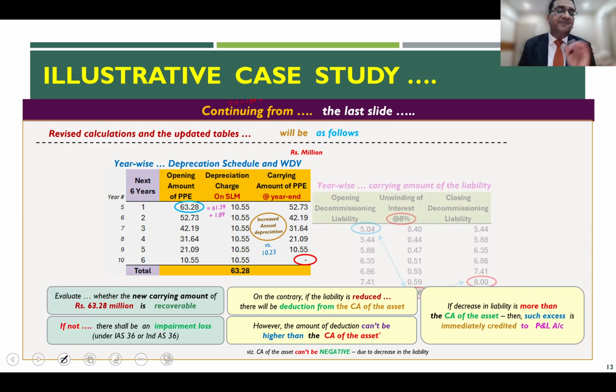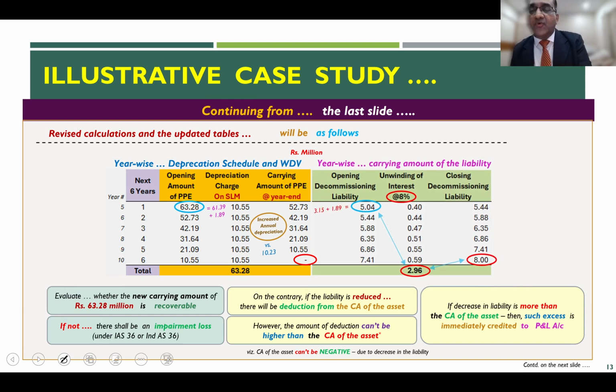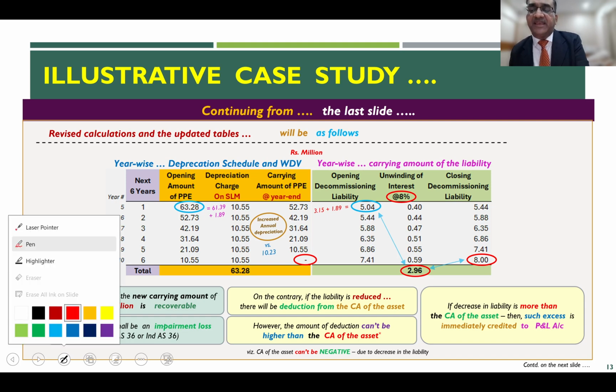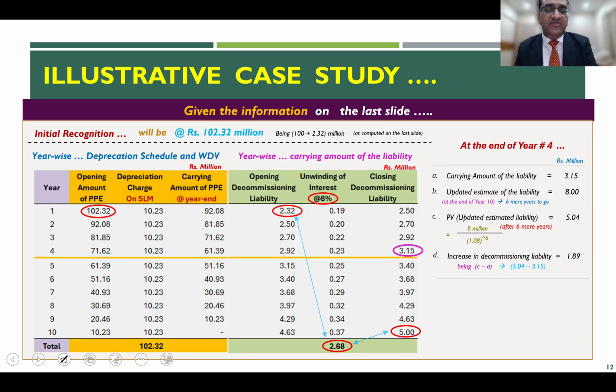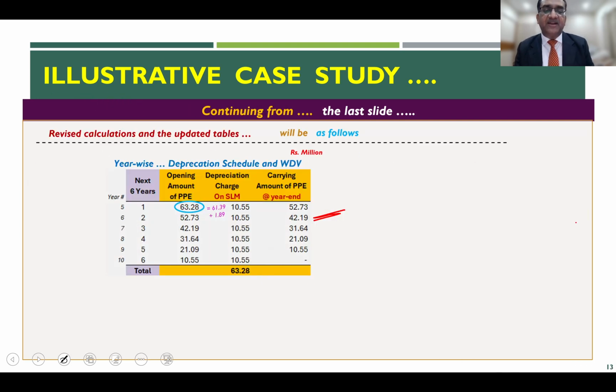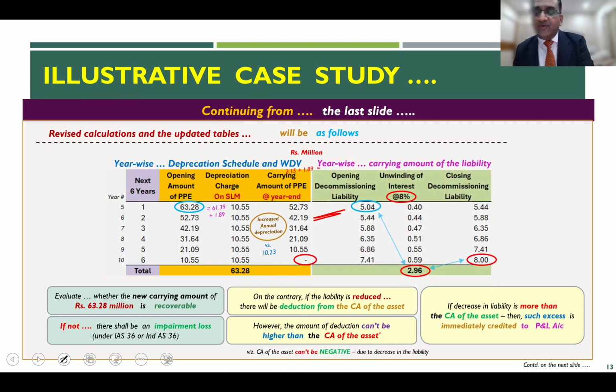What about the liability? So the liability now will be at the beginning of the 5th year. What would it be? It will be 3.15, which was the original liability. See here, 3.15. This was your liability, and you increased it by this incremental amount of 1.89, and therefore your liability becomes 5.04. This is exactly what is there. Now your opening liability will be 5.04. And now you will use this 8% discount, your unwinding on this 5.04 and continue the same process.